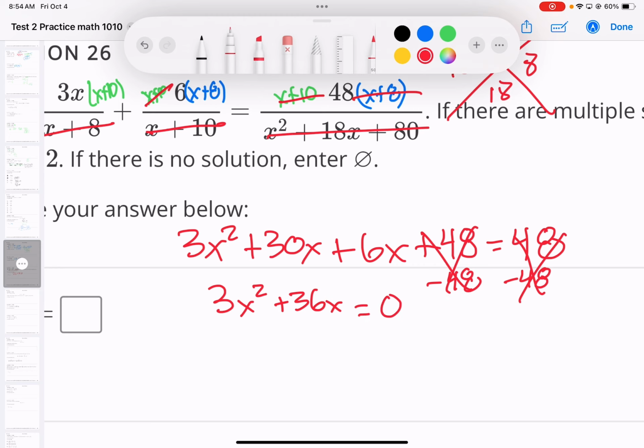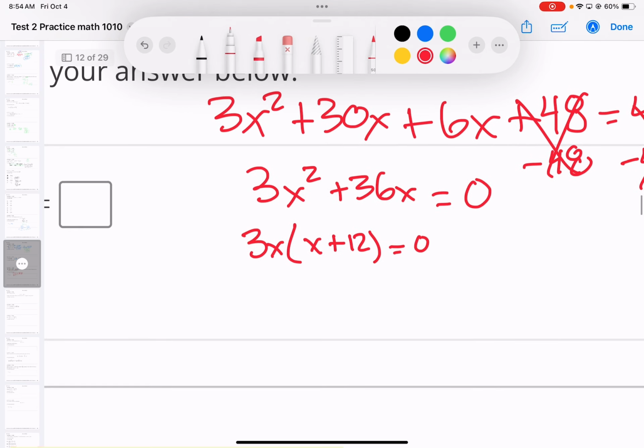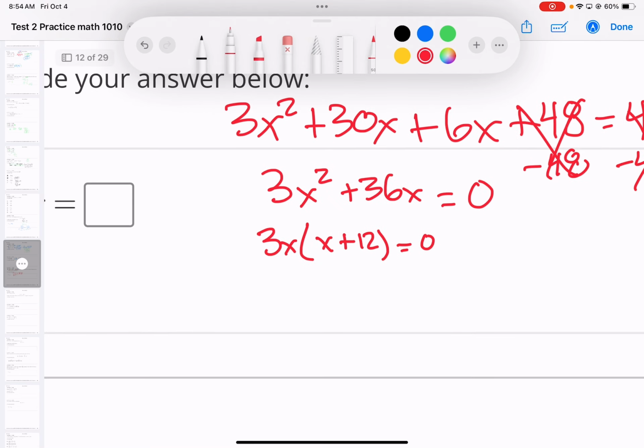So this whole thing equals 0. And then let's factor. What can we factor out? So that leaves me with x plus 12 equals 0. And then what do I do now? Set each factor equal to 0.